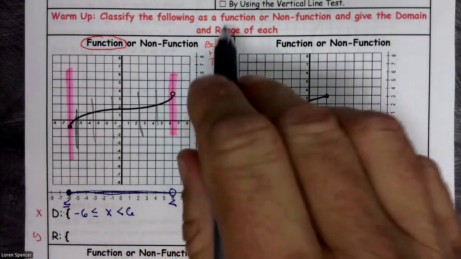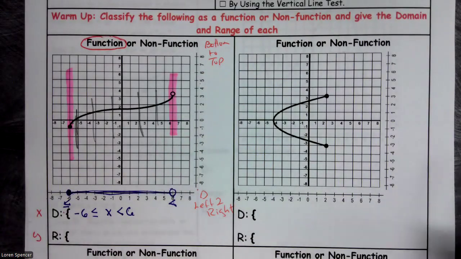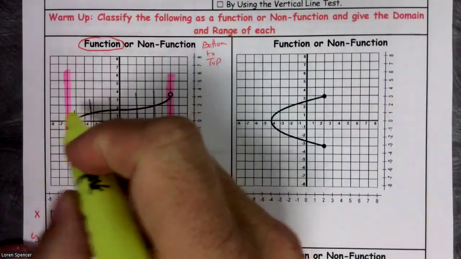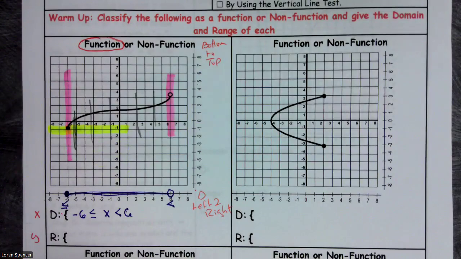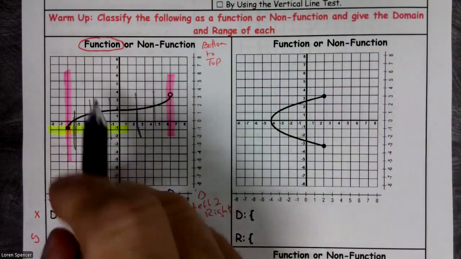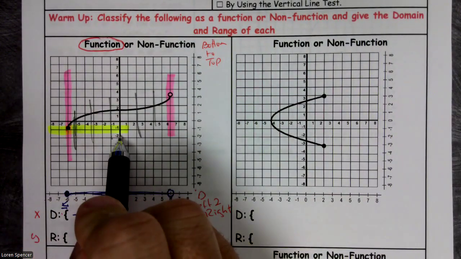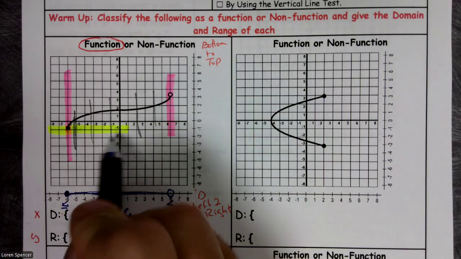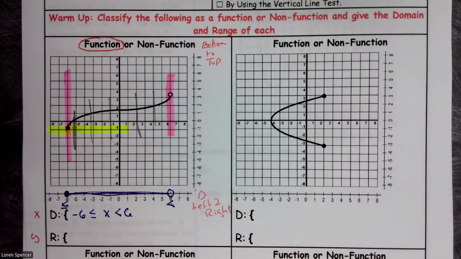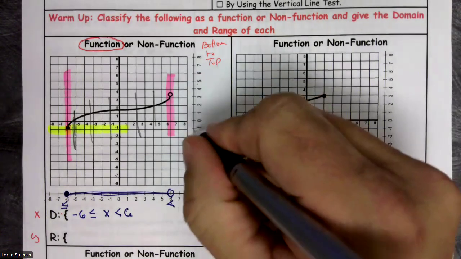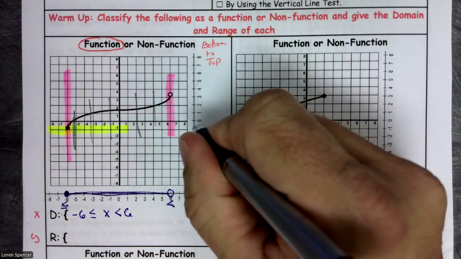So starting off at the lowest point of the graph, it's actually right here. I draw over to the y-axis, and the lowest point of the graph is at -1. So I'm going to mark a -1, and it's a solid.